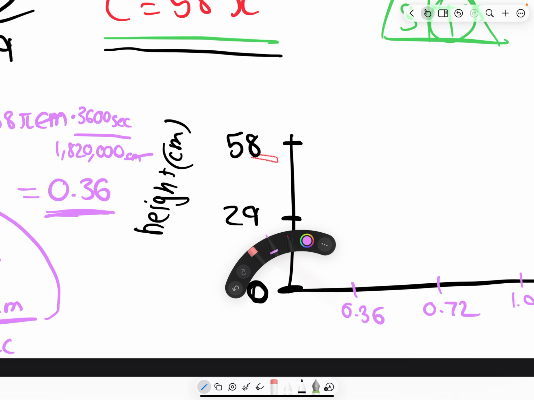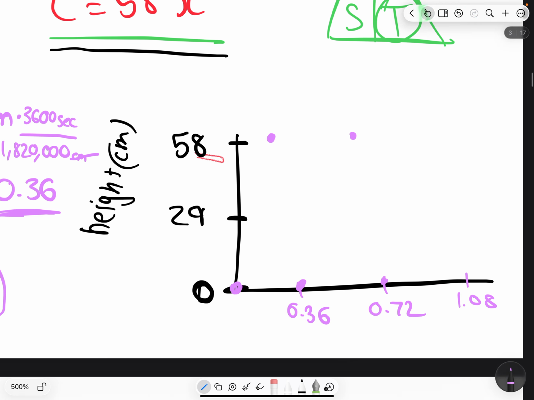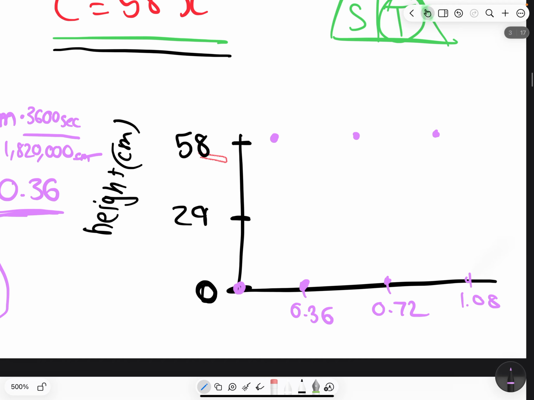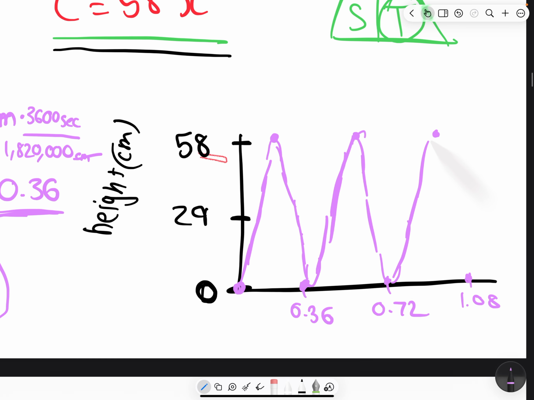So we know our value is going to start at 0, go up to 58, come down to 0.36, and it's just going to keep doing this. It's going to go up to 58, come back down, go up here, come back down, go up here, come back down. So this is us graphing 3 cycles, right?